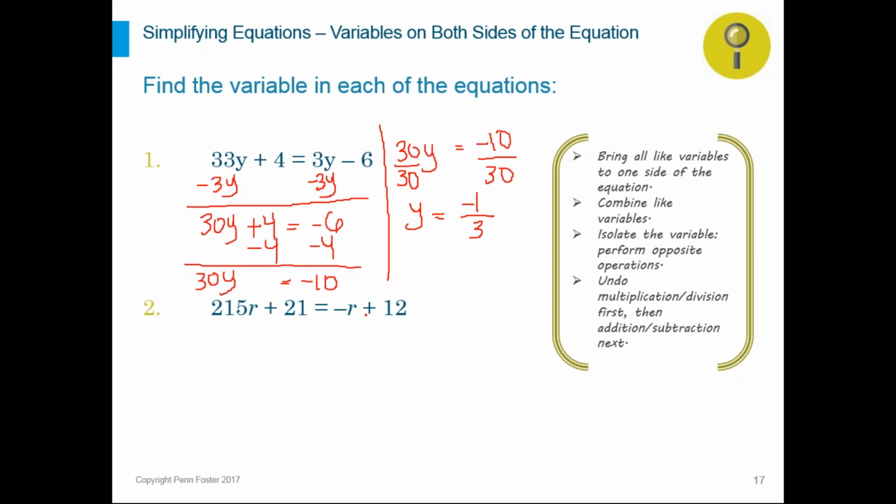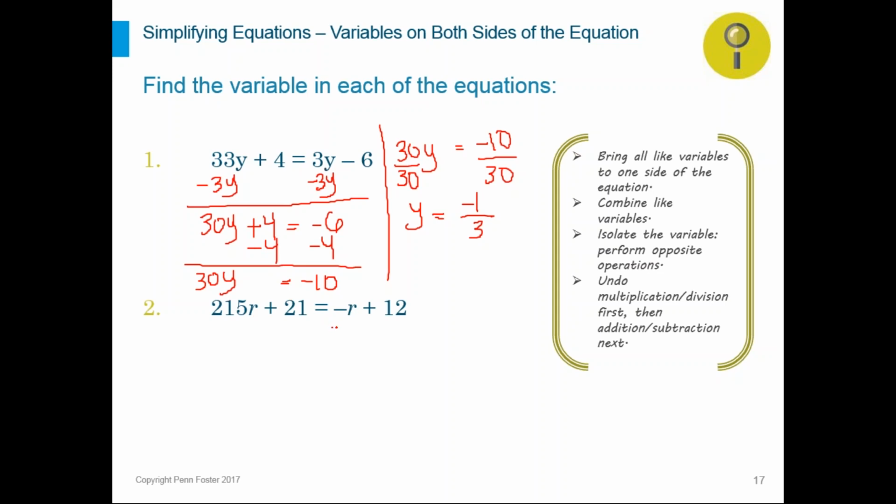215r plus 21 equals negative r plus 12. What should we do? So I'm not going to get rid of addition or multiplications yet. I need to bring that negative r to here so we can combine the r's together. To do that, do the opposite operation.